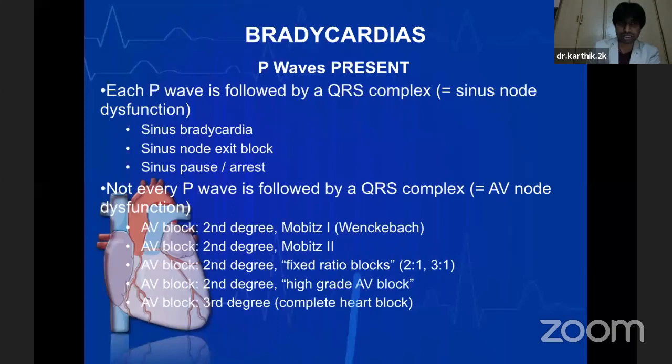If the P waves are present, then you have to ask the next question: whether each P wave is followed by a QRS complex. If the answer is yes, then probably the problem is lying at the sinus node level, and it could be just a sinus bradycardia, a sinus node exit block, or a sinus pause or arrest. So basically the pacemaker isn't functioning properly, and that is the reason why the heart rate has come down.